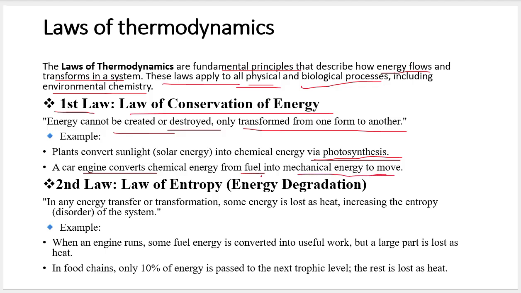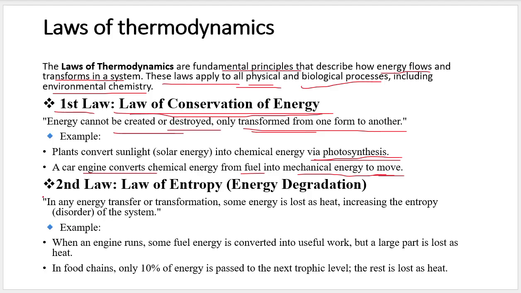Because of the fuel, the cars are moving and running. So the first law says that energy cannot be created or destroyed, it can only be transformed from one form to another. Please remember, the first law is the law of conservation of energy.